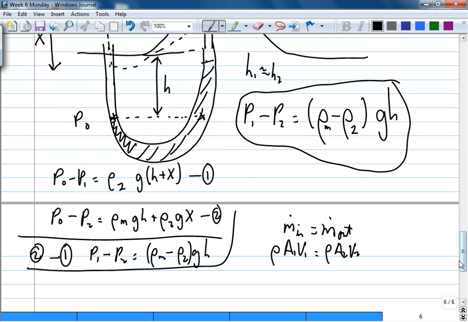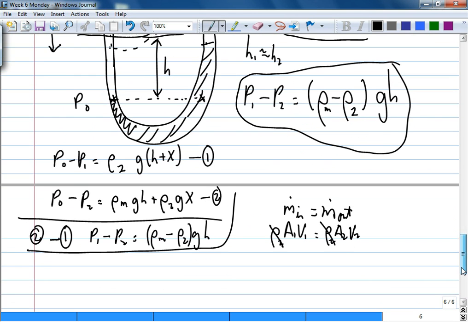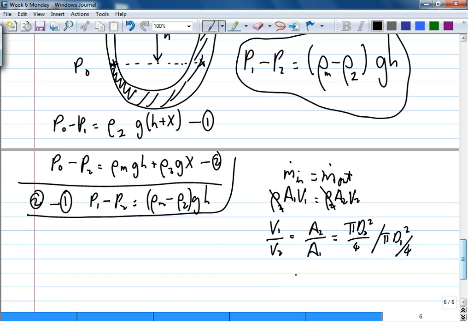This is rho 2, the rho of the fluid inside, which can cancel out. You will get V1 over V2 is equal to A2 over A1, which is equal to pi D2 squared over 4 divided by pi D1 squared over 4, which is equal to D2 squared over D1 squared.